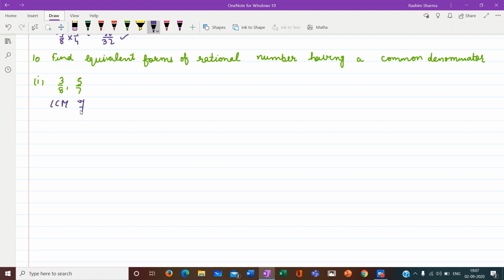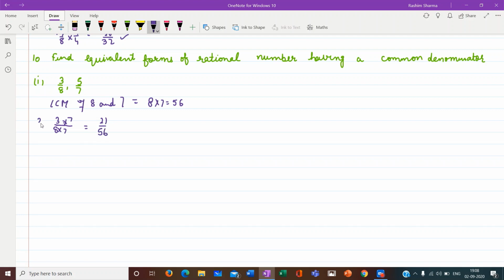LCM of 8 and 7 will be equal to 8 into 7, that is 56. Now we can change 8 to denominator 56 by multiplying it with 7, and same 7 we will have to multiply above also. Alright, so we get here 21 on 56.